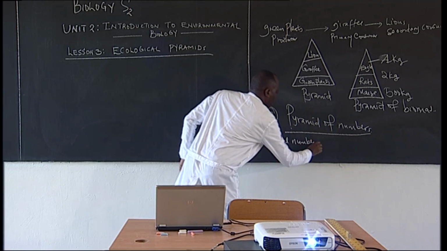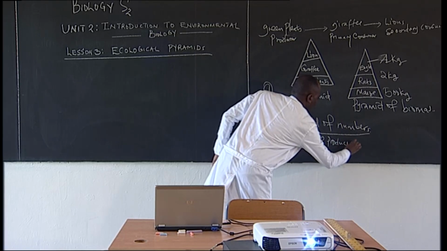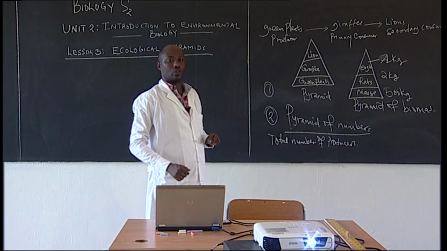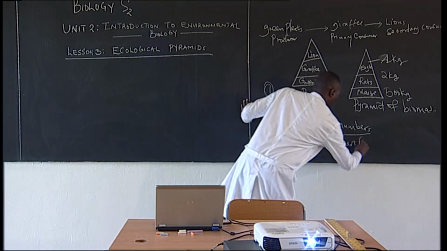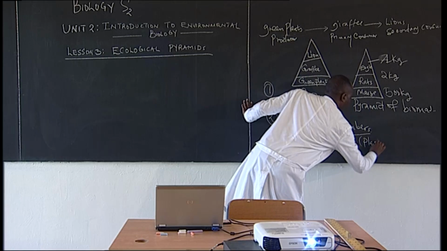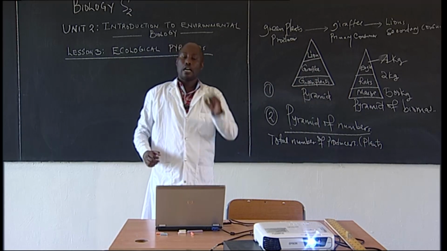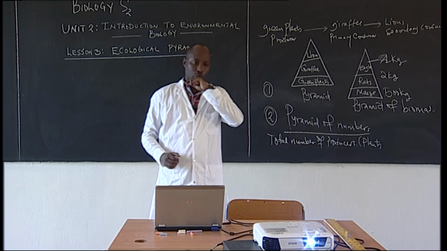What are they? These are the total number of plants, these are producers. We have a total number of herbivores. These are primary consumers, student.